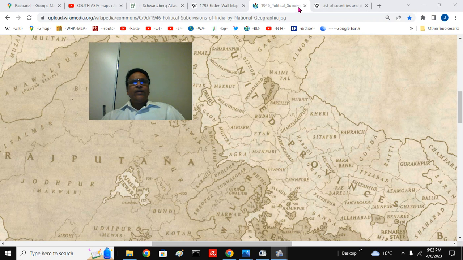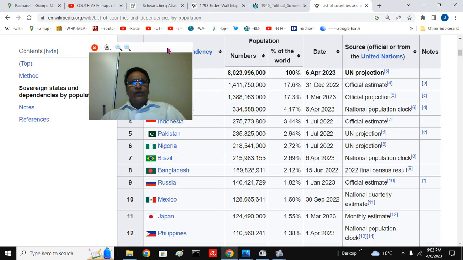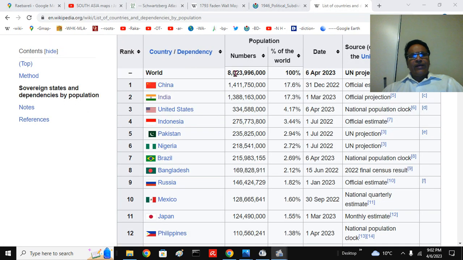And so as of 2022 or 23, 8,000 million people, 8 billion, populate planet Earth. China has around 1,500 million, even though it is put less here. India has nearly 1,400 now. United States 330, Indonesia 275.